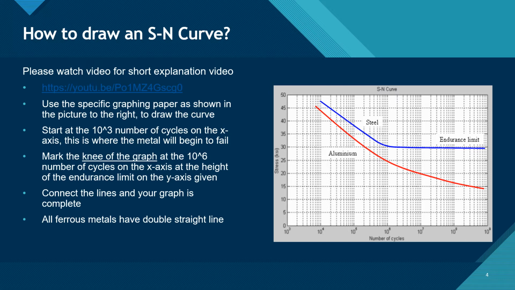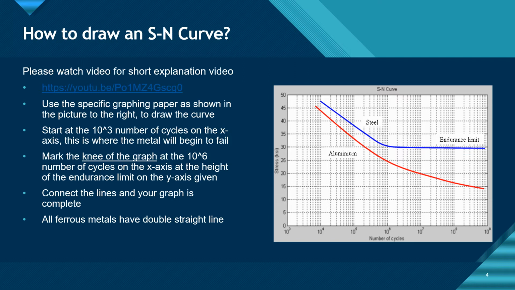Mark the knee of the graph, usually around the 10 to the power 6 number of cycles on the x-axis, at the height of the endurance limit that you are given on the y-axis. The line between the first point and the knee of the graph is more of a best fit line for wherever you have found your measurements. Then connect the lines and complete the graph.